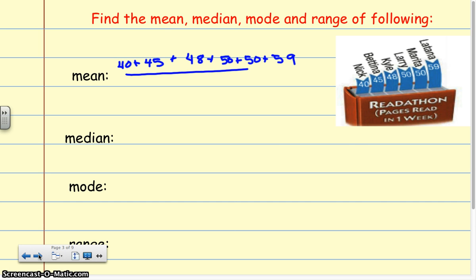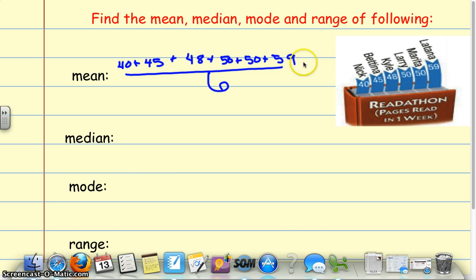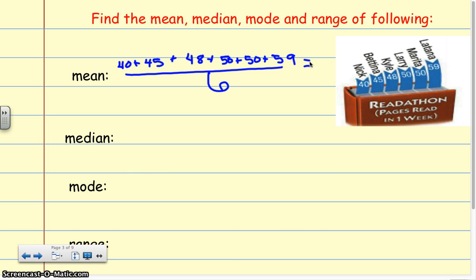And then we're going to divide by how many there are. There's 1, 2, 3, 4, 5, 6. So we'll divide through by 6. This turns into 292 divided by 6. When we divide 292 by 6, we get 48.6 repeating, so I'll round it to 48.7.